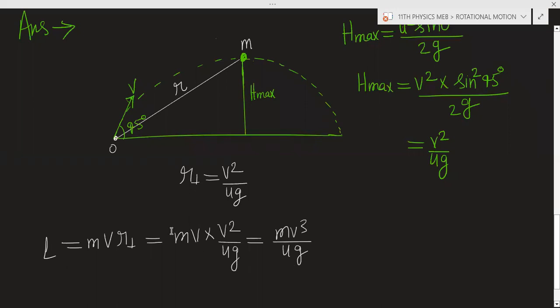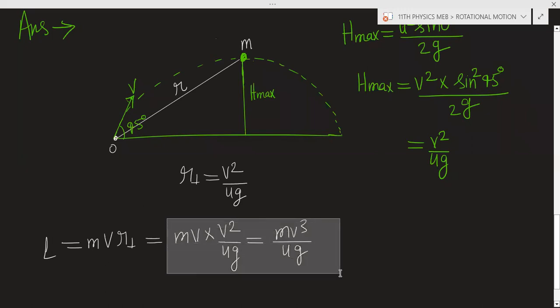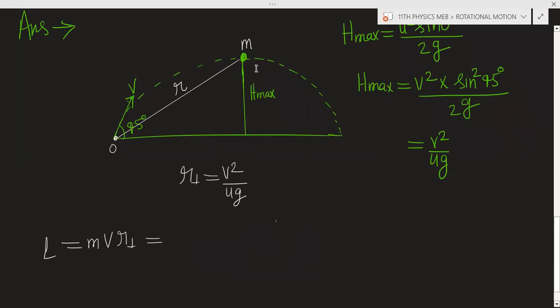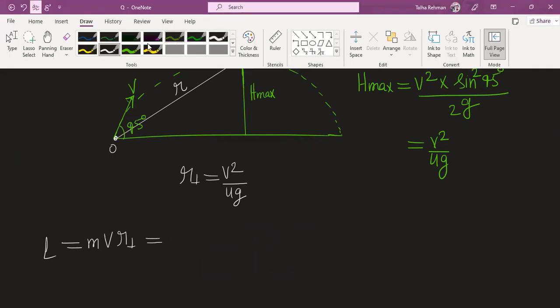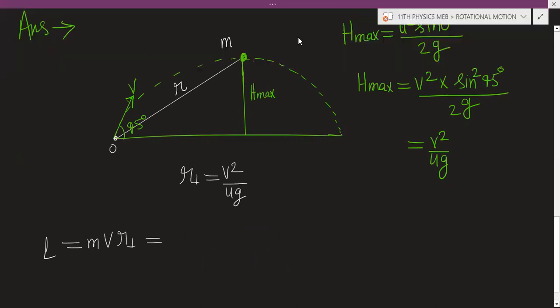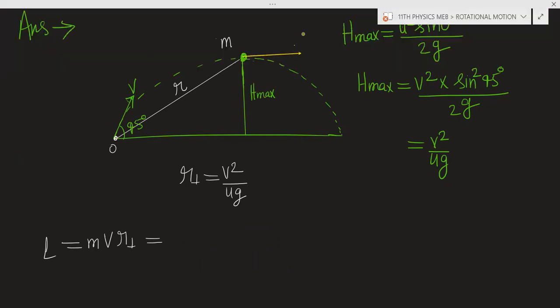Just a minute. Okay, one minute. Actually, I'm making one mistake here. At the highest point, the velocity will be only v cos 45.